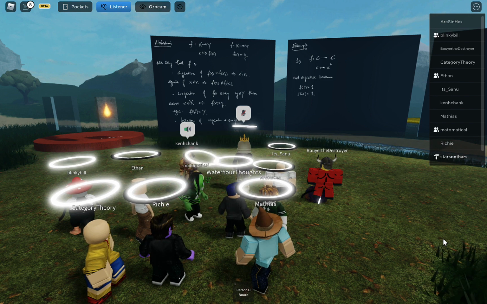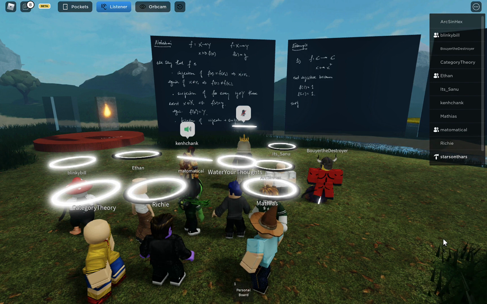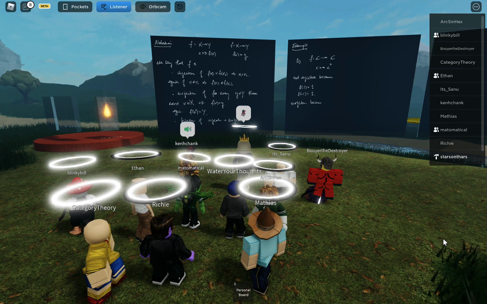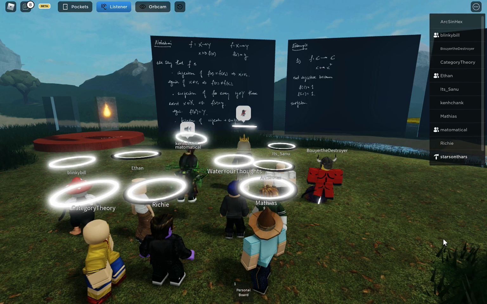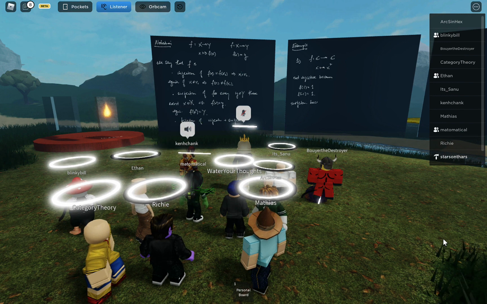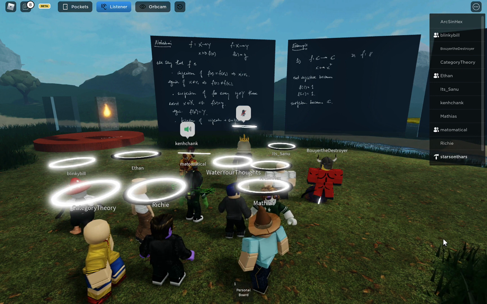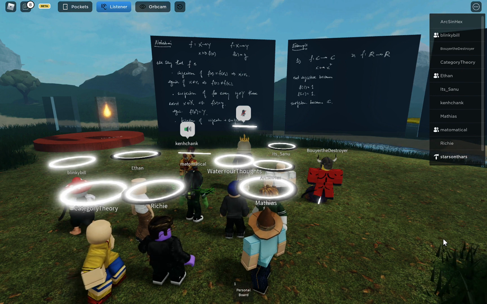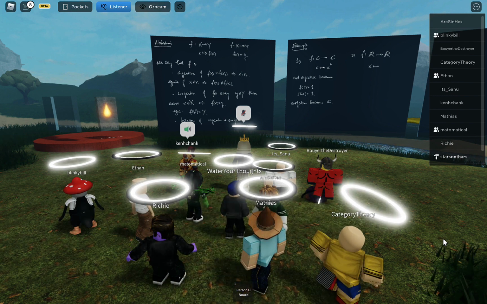So that breaks the rule. But it is surjective, because complex numbers, right? You can always take square roots. Okay, so the second example, I'm going to change the domain and codomain, same function.